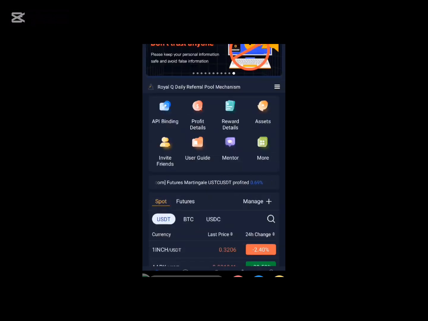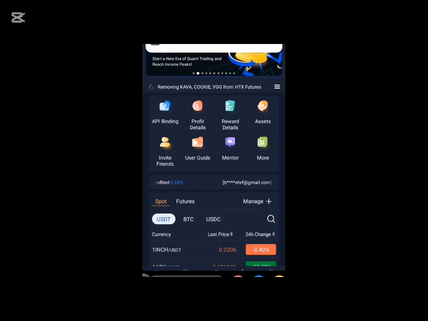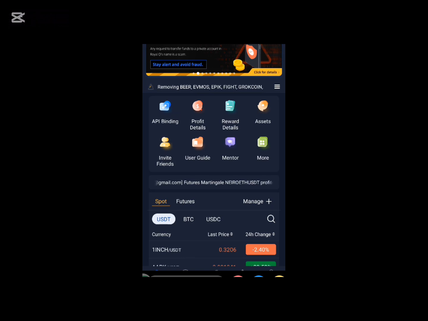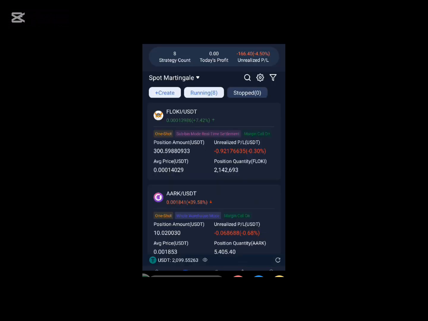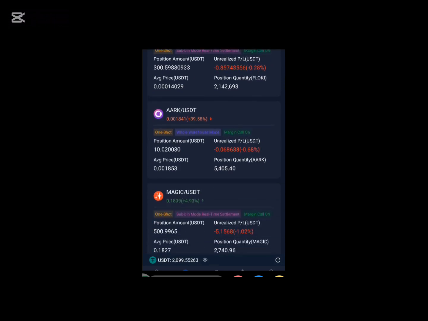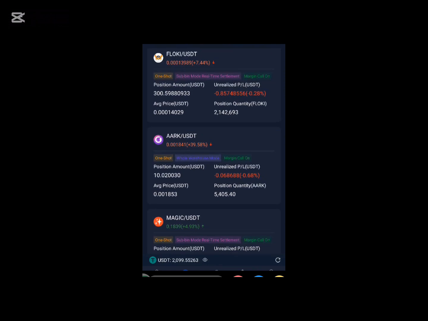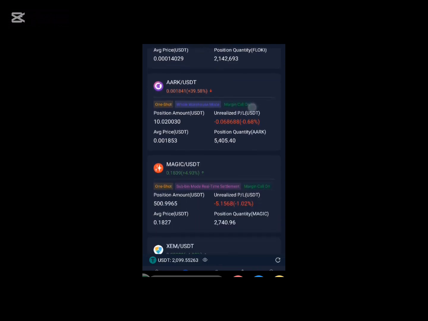You can see that. So you are going back now. If you want to check your present trade, the coin you are trading, whenever you log in again and want to check your trade, come to strategy. I will show you the coins you are trading. You can see how many coins now? I'm only on 8 trades. You can see Flocky, Arc. How many dollars is supposed to be? $10 as well. This position amount is USD $300 as bought here.